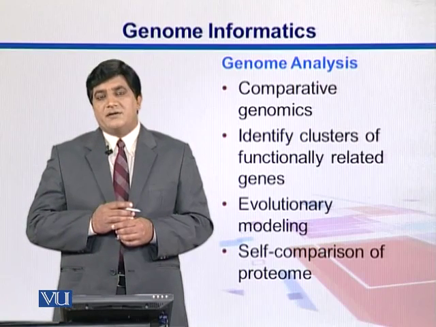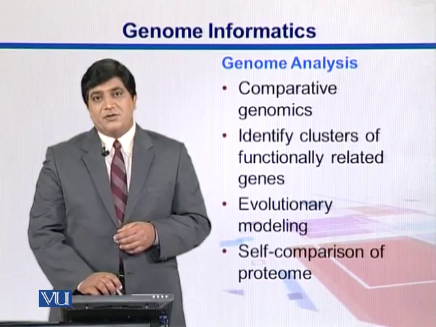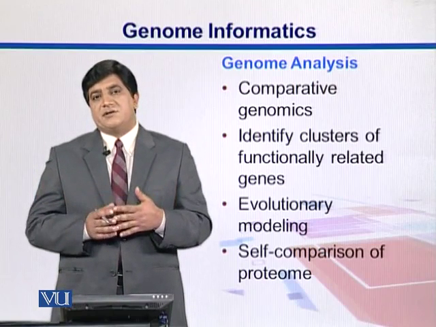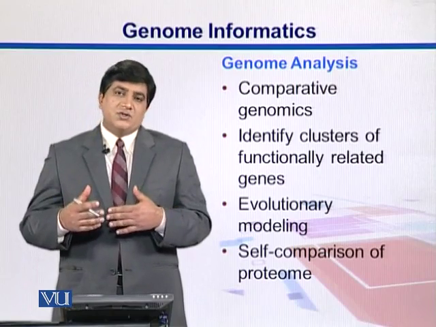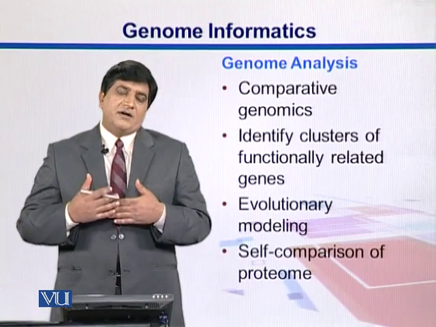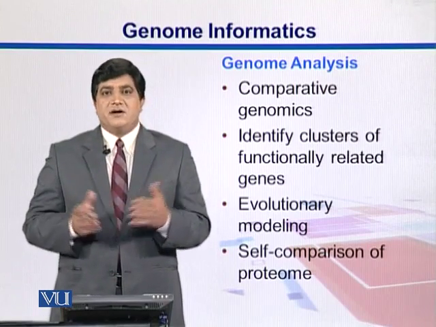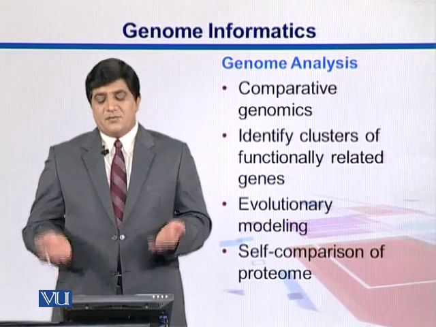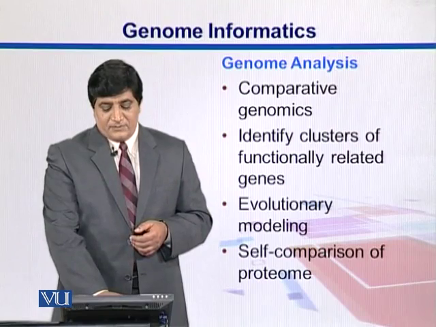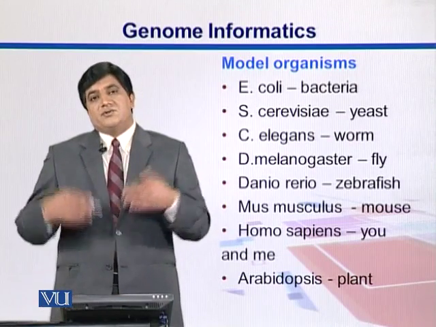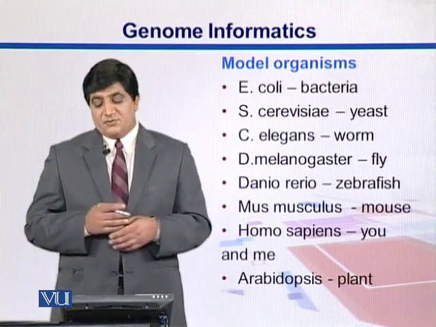In order to do that, we do self-comparison of the proteome. The proteome is actually the collection of the proteins which are derived from those genomes. So the whole collection of one organism's proteins can be called its proteome. We can compare it with itself, and then we can find those sequences which are duplicated in it.